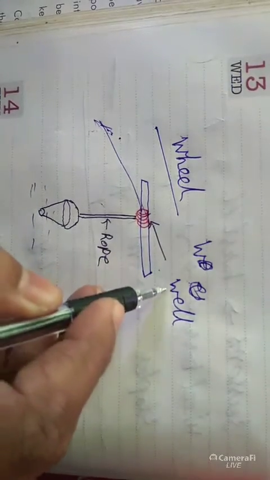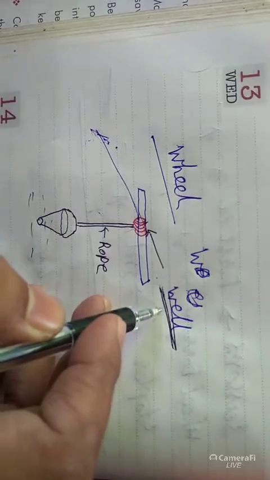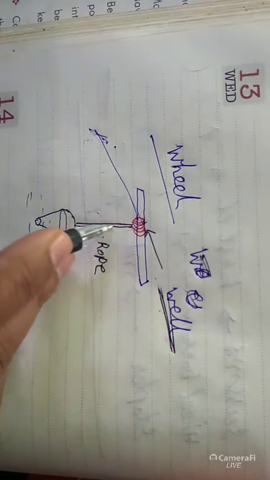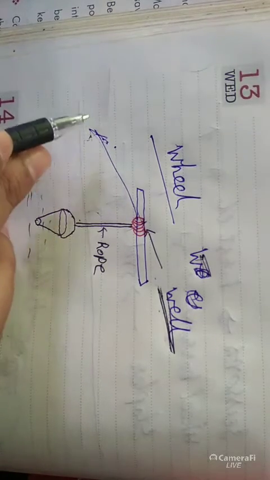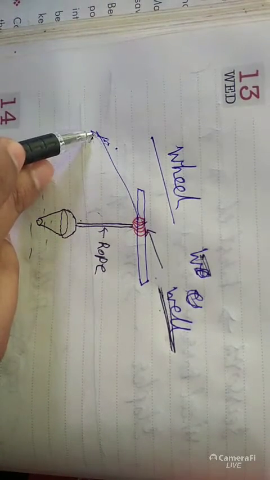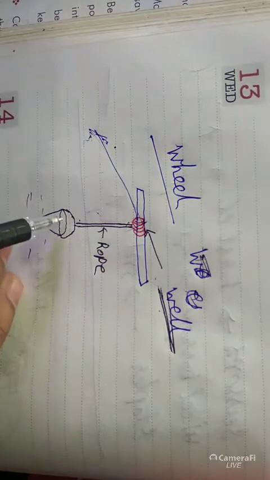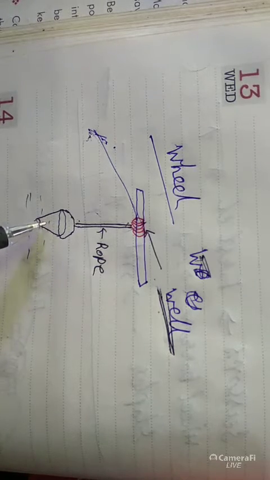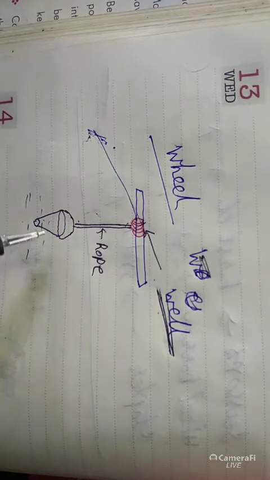Actually we saw it in a well. So here look at this. This is a rope. One side we take this rope, catch it, and another side is tied with a bucket, and in a well we draw water from the soil.